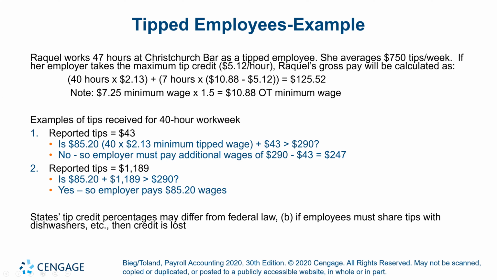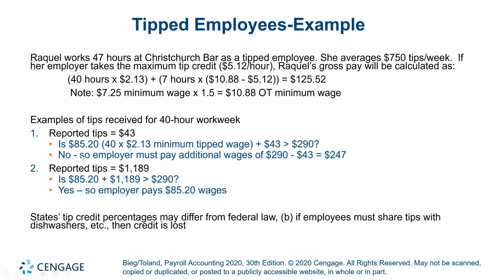And so here are another couple examples. If we reported tips in a week of $43, and so we had 40 hours times $2.13 per hour, plus the $43 in tips, is that greater than $290?